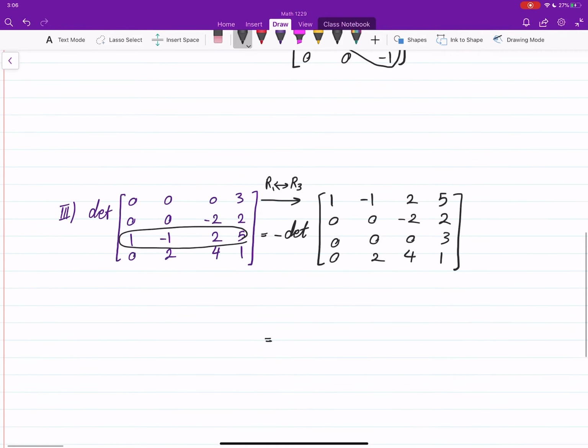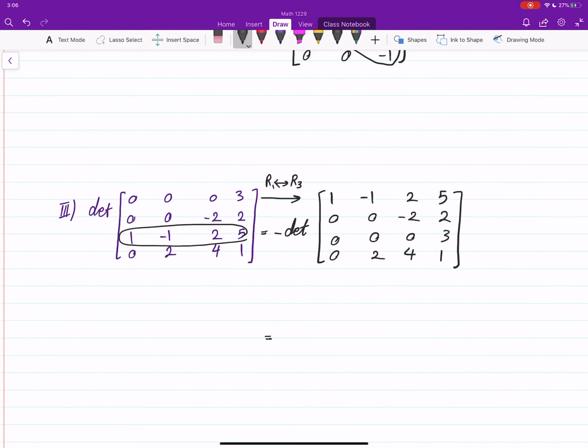Very nice. Now, I want to bring this guy up here. So we need to interchange row 2 and row 4. This way we will have 0, 2, 4, 1. And this will stay the same.